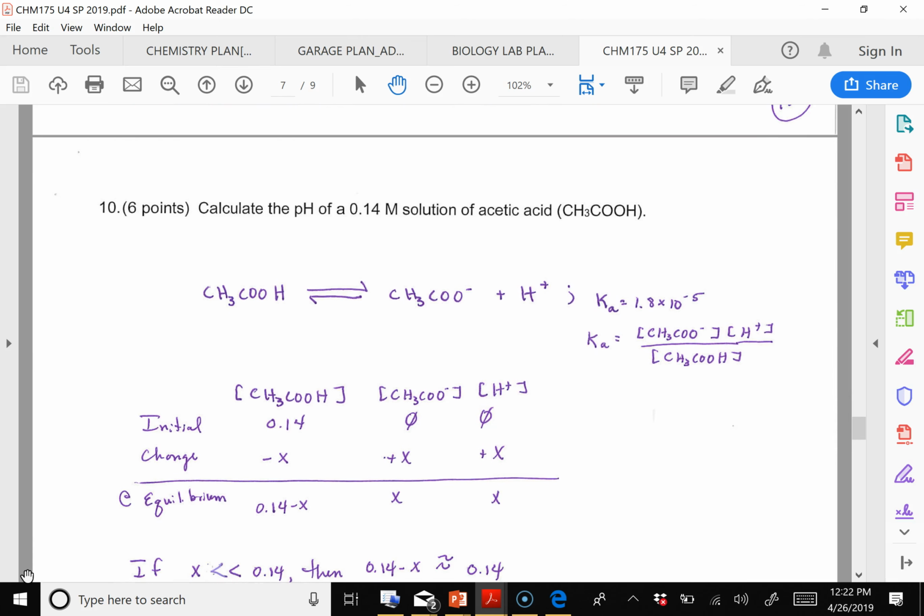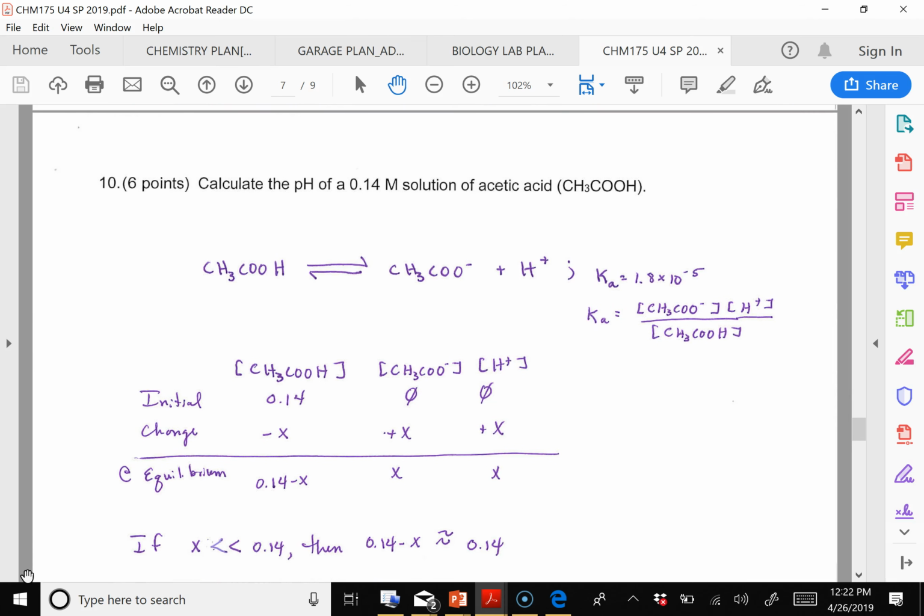All right, on this one, what is the pH of this solution? So we need to kind of concentrate on what is that solution? Of course, that's acetic acid. It's a weak acid. And a weak acid will ionize to just a certain extent like this.